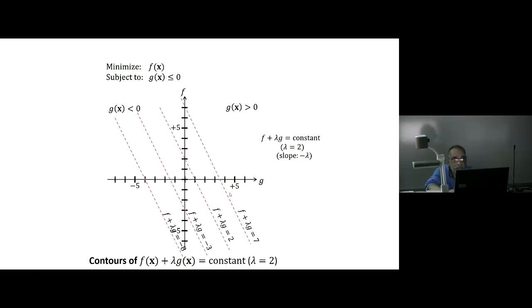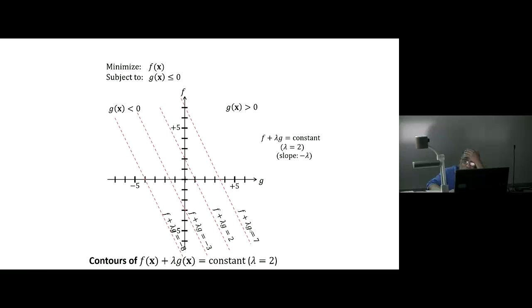Now, how do we find the value of the constant? Look at the y-intercept, or the f-intercept. Along this vertical line, the f-axis, what's the value of g? Everywhere it's 0. So set g equals 0 and read off the value of f.